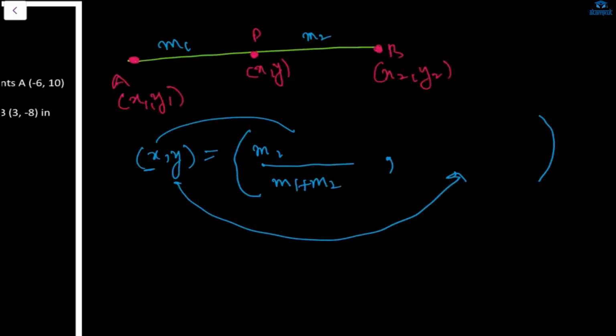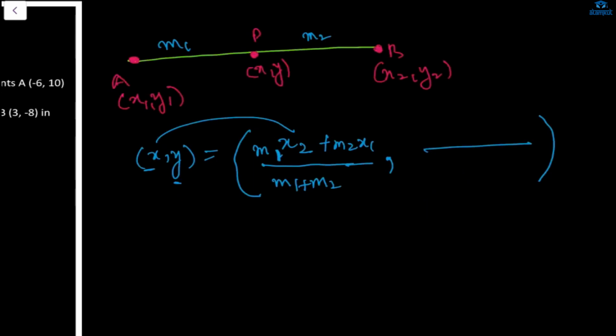So we are going to write m1, and with m1, x2 will come. m1 x2 plus m2 x1. Understood? In the same way, you are going to write m1 plus m2, the denominator will be the same, and since we are going to represent the y coordinate, we are going to write m1 y2 plus m2 y1.